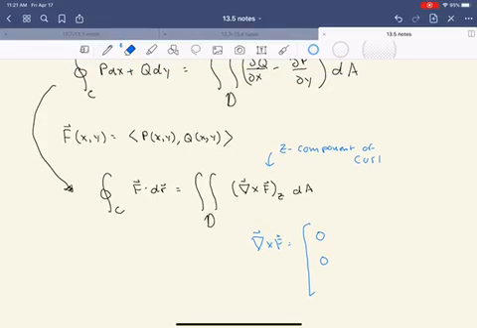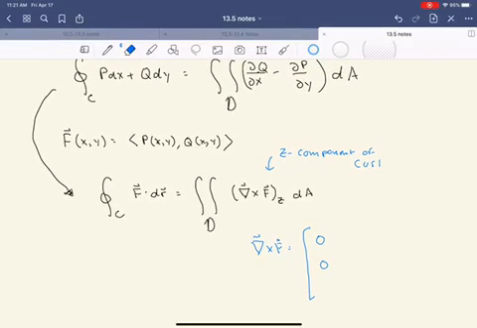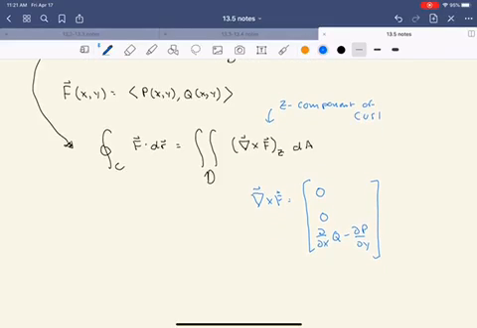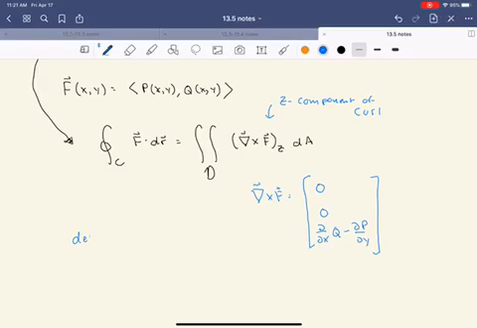Okay, and then the z component is exactly that: partial with respect to x of Q minus partial with respect to y of P. Okay, you can think about it like i, j, k, partial with respect to x, partial with respect to y, partial with respect to z, P, Q, and 0.